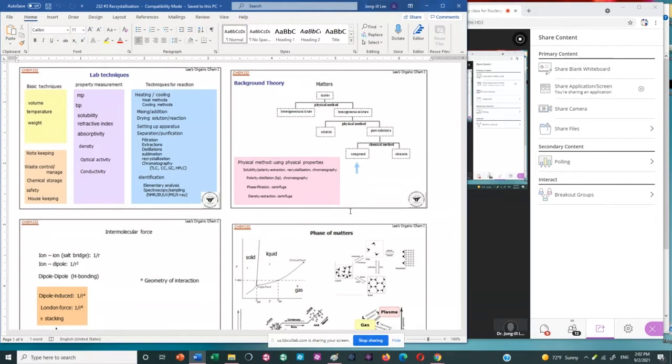Whatever lab you do, you have to write a pre-lab report before the class time. Then during and after class time, you are writing a post-lab report. So right now, you should have a pre-lab report for the recrystallization, and during and after today's class, you have to write a post-lab report.